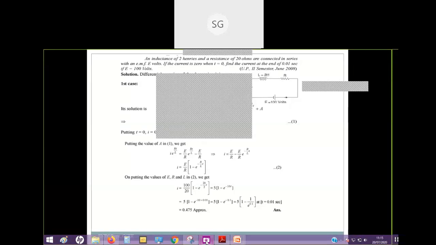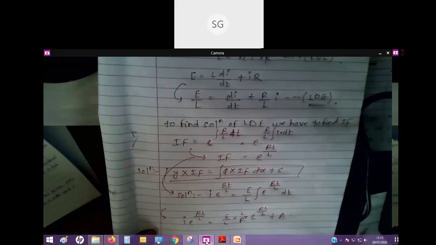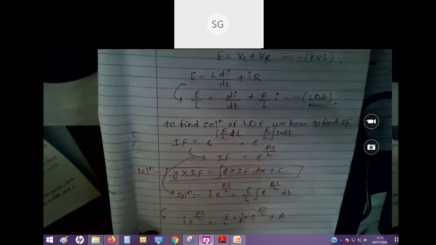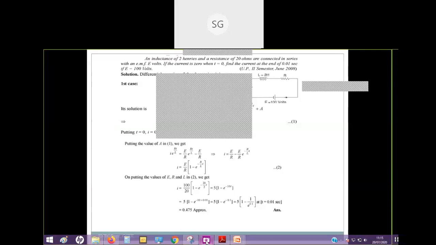This is an indefinite integral, and while solving an indefinite integral, to cover all the conditions, we always add the constant of integration. In indefinite integrals, this constant of integration A takes care of the initial conditions.